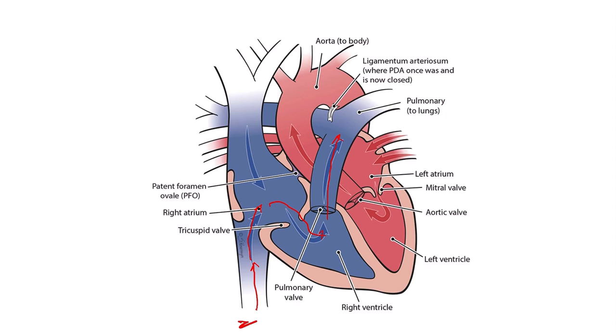Now, if a person has a patent foramen ovale, yes, they can get a pulmonary embolism, but what can also happen is that the embolus can travel through the foramen ovale into the left atrium, then through the left ventricle, and up through the aorta, ultimately going to the carotid arteries.